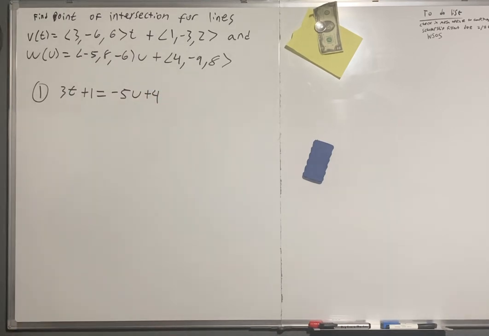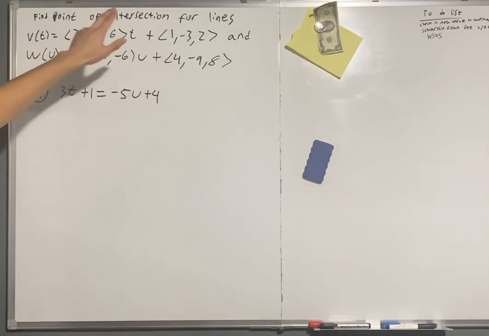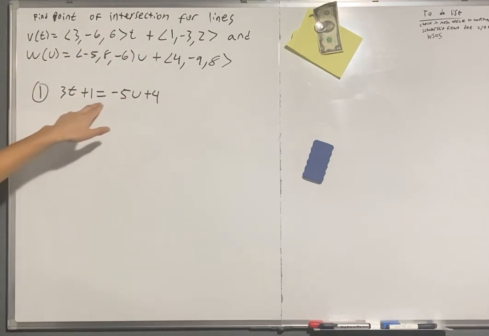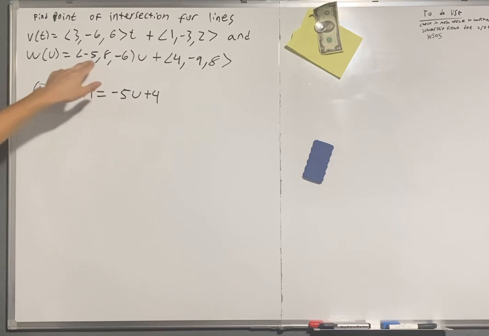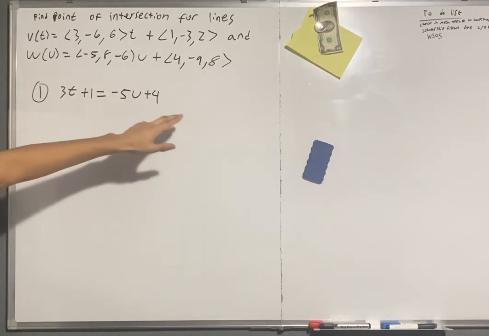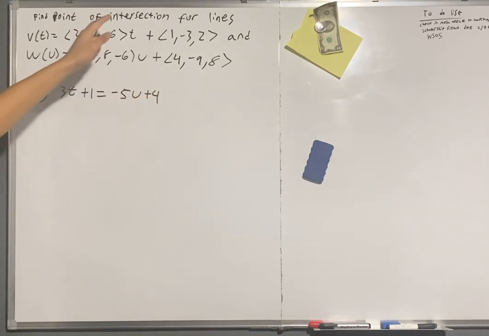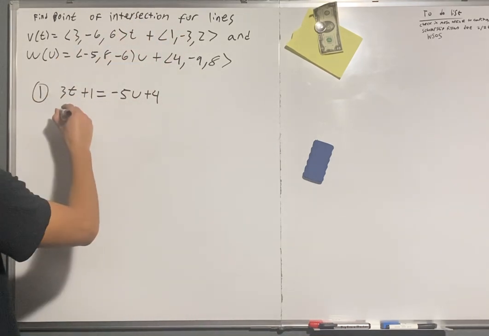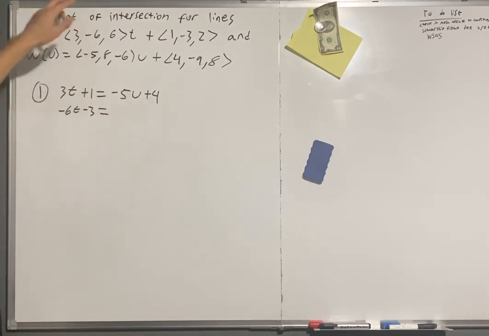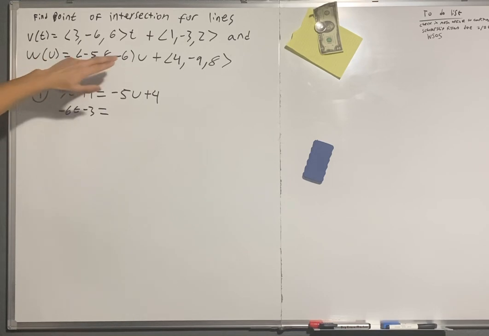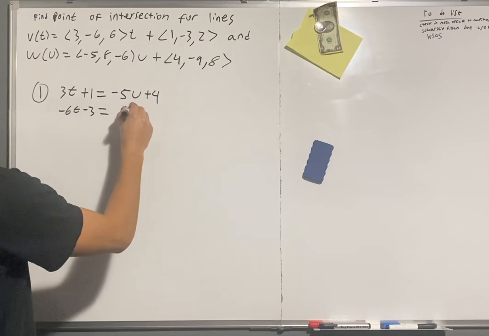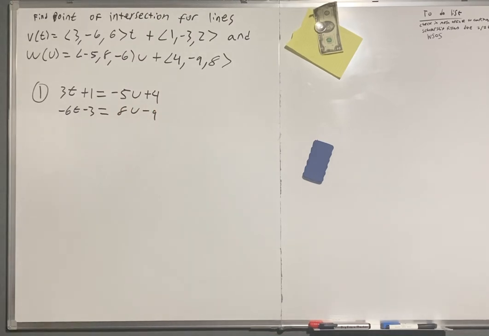If this doesn't make sense, we're going 3 times t plus 1, and then we're equaling them together, negative 5u plus 4, and then we're going to continue down with negative 6t minus 3, and then we're going to do 8u minus 9. And then we got one more.